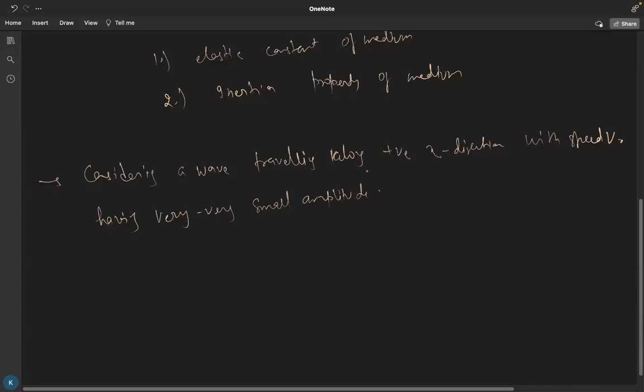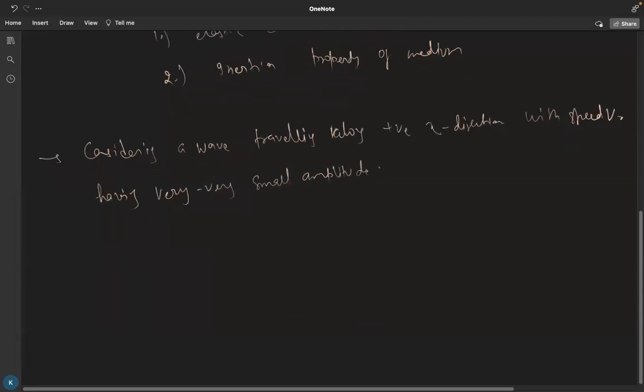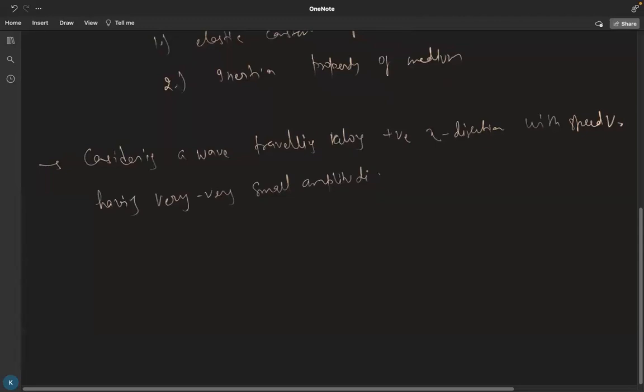Let's make a diagram here, so that it will be clear. I'm making an arrangement, right. I'm assuming that there is a pulley, and there is a string with a mass m loaded here.